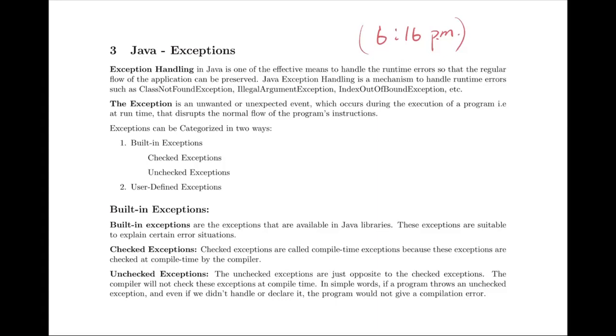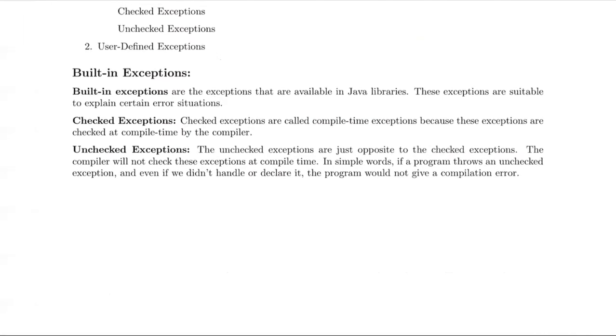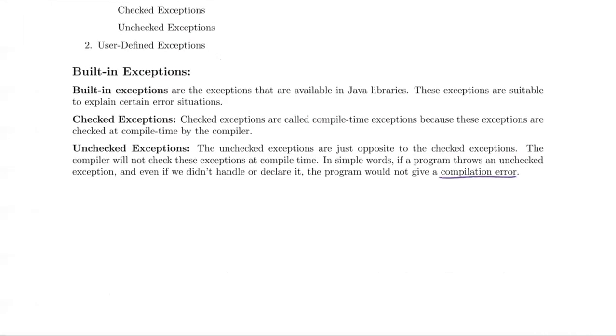In other words, if a program throws an unchecked exception, even if we did not handle or declare it, the program will not give a compilation error. So pay attention, I said this is a compilation error. During compilation, it won't have any error, but we are not sure whether during execution we might have unchecked exceptions.